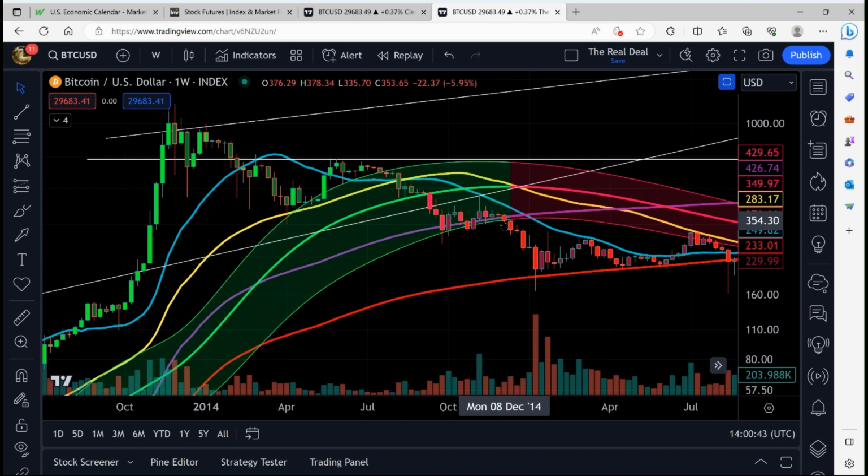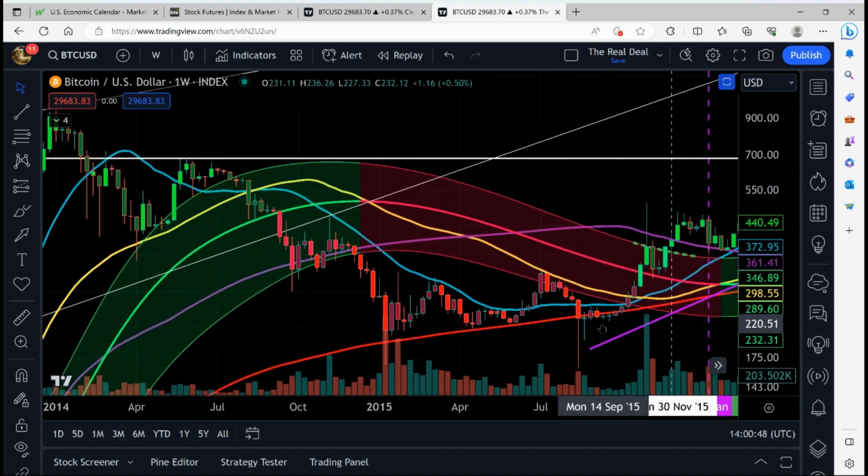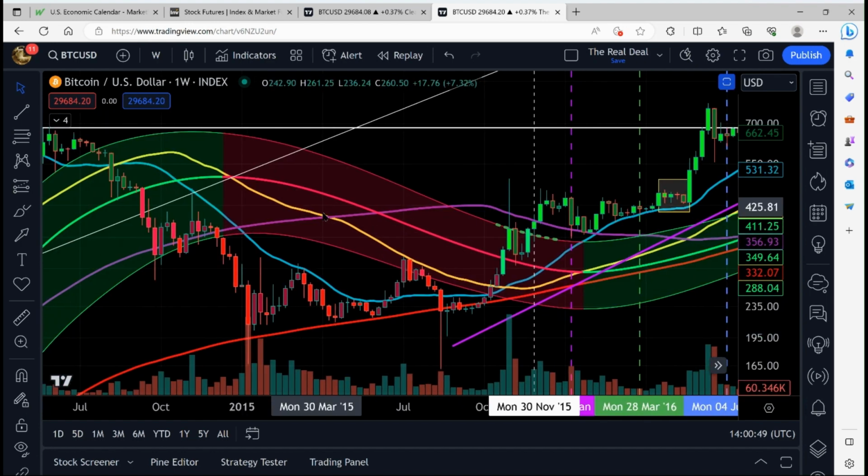We came down to the 100 and down to the 200 in this bear market. The various moving averages acted as support and resistance. So the 20, we came up and down through it, didn't maintain it.